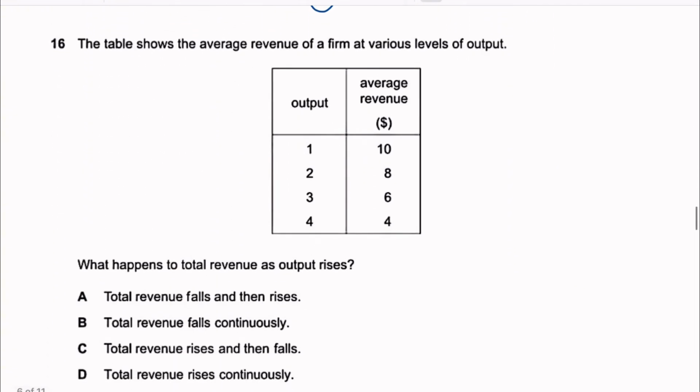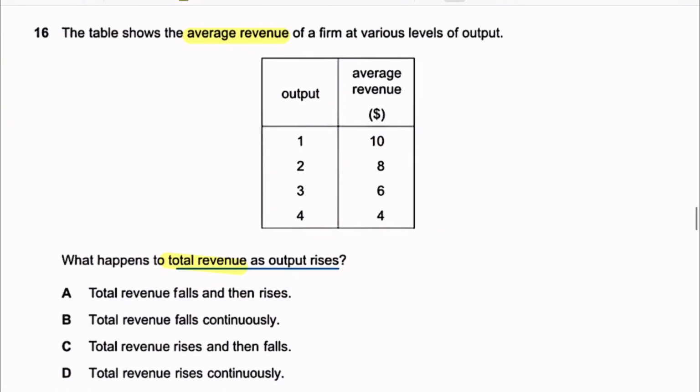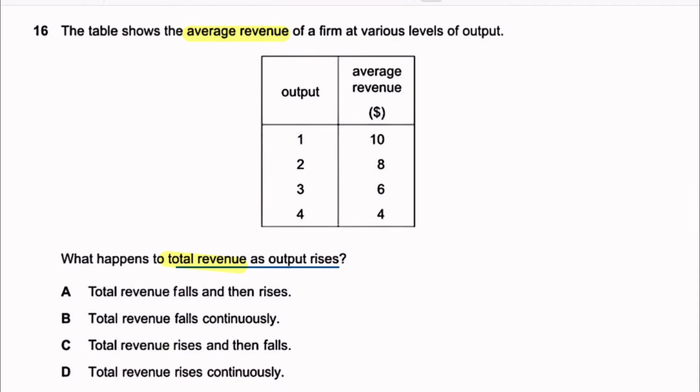Question 16. Table shows the average revenue of a firm at various levels of output. What happens to the total revenue as output rises? Okay, so take note, this is average revenue and this is total revenue. So what is the difference though? Average revenue means that average, like at this output, how much the firm can earn.